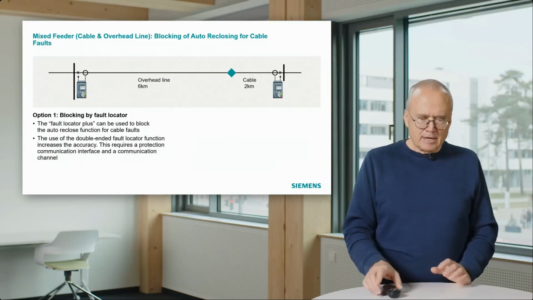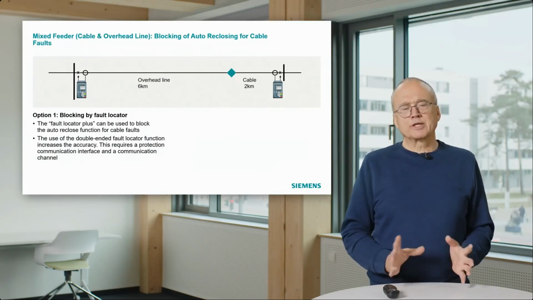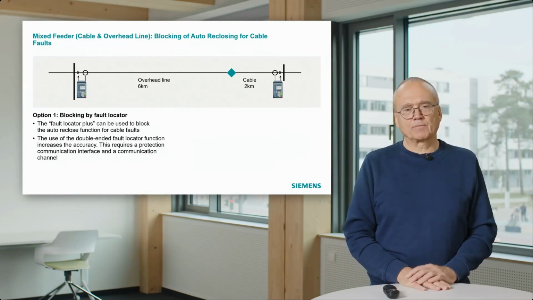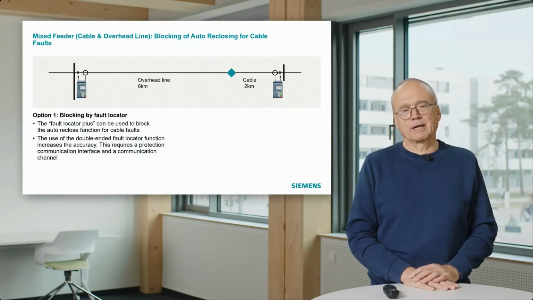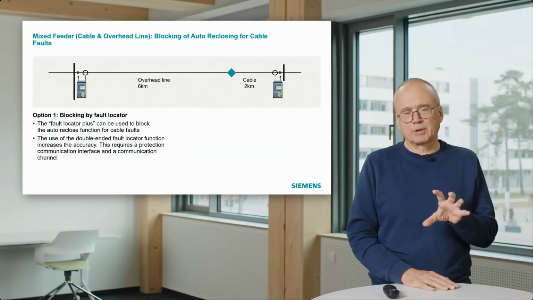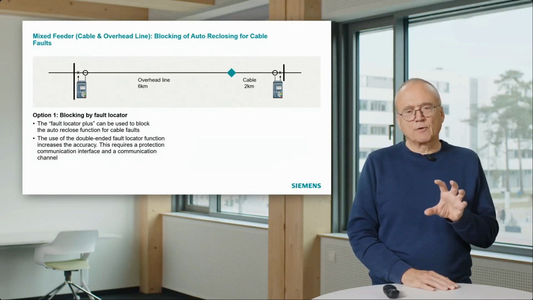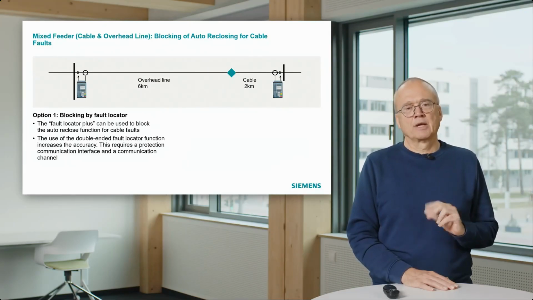If you look into our relays, you see that we have two different versions of the fault locator. One is the normal fault locator and the other one is the fault locator plus. What we need here basically is the fault locator plus, because it has two features which make sense in this context.